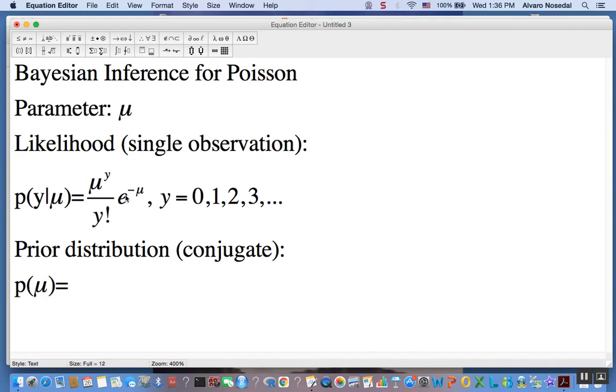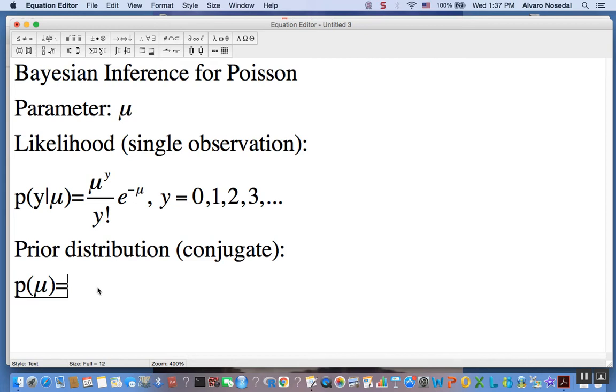By looking at this, if you ignore y factorial, which doesn't involve our parameter of interest, mu, you have seen something like this before. Remember gamma distributions from STA360? It turns out that that would be the conjugate prior when we are considering data with a Poisson likelihood.